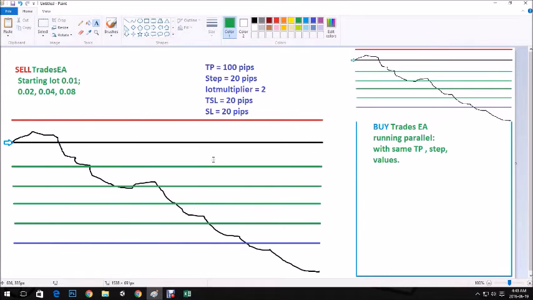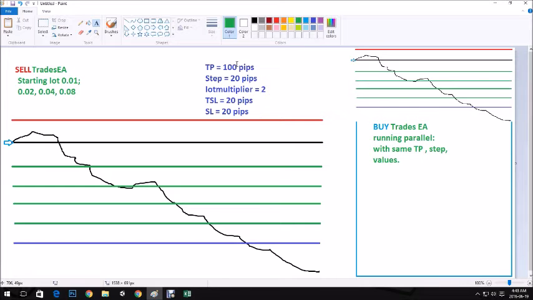I will start with this graphical representation of this strategy, where we have a best case scenario for this trading strategy. But before we talk about this, I must tell you that this expert advisor, or this strategy, has a fixed target, in our case 100 pips, which you will choose based on the pair you're using and how much it changes in one direction in 1 week, or in 1 day.